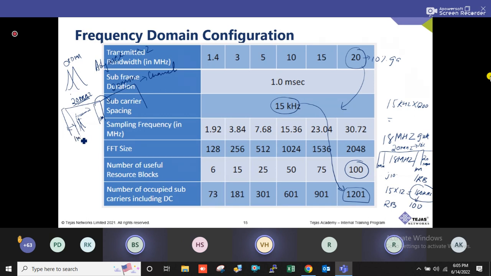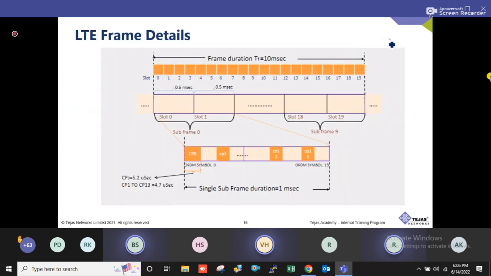It is 1 megahertz on the upper side and 1 megahertz on the lower side, so that it doesn't interfere with the next channel. Okay. Similarly, 10 megahertz also has a guard of 10%. That means only 9 megahertz will be used as the actual channel. The 500 kilohertz here and 500 kilohertz here will be used as guard band. Okay.